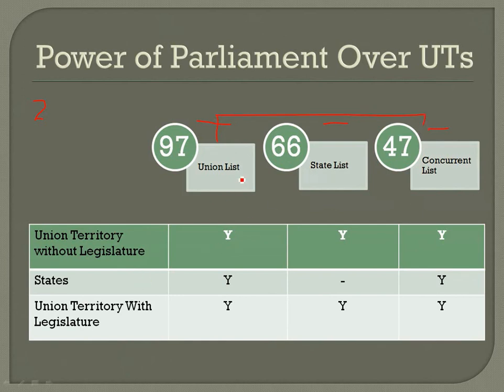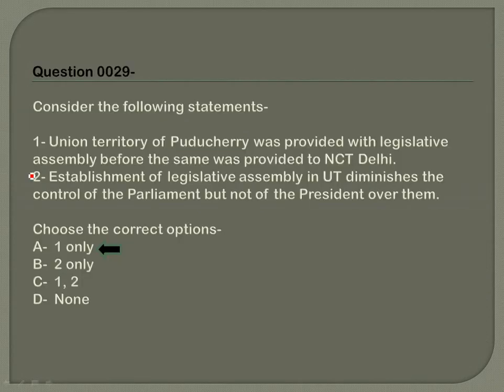In a state, Parliament has power to make laws on the subjects of the Union list and the Concurrent list. In a union territory with legislature, Parliament also has the power to make laws on the subjects of these three lists. So the second statement here is wrong. First was correct, so option A is correct.